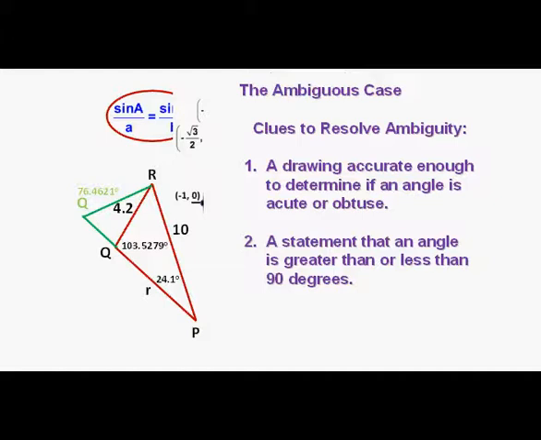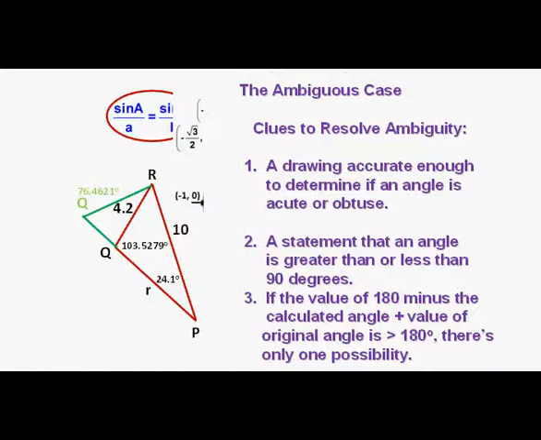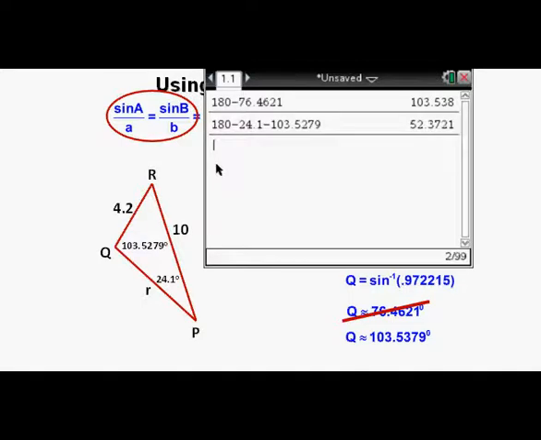These are the easiest clues to pick up. And finally, if the value of 180 degrees minus the calculated angle plus the value of the original angle is greater than 180 degrees, the value of that calculated acute angle is the only possibility and is not an ambiguous case.